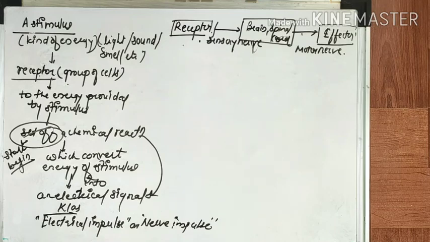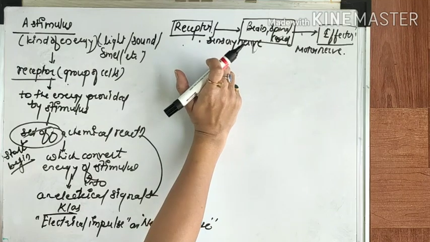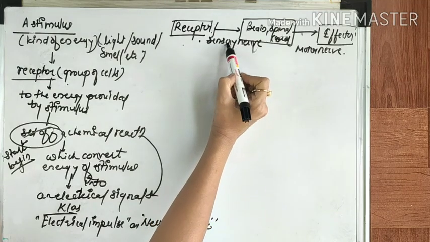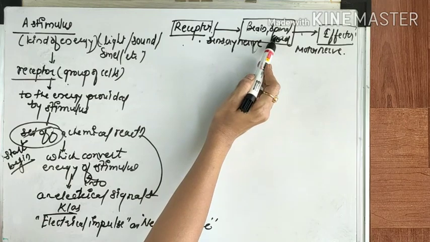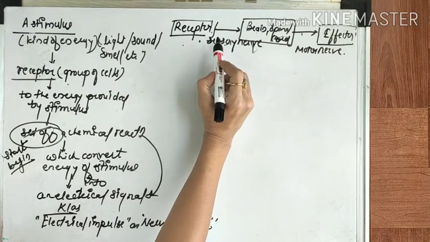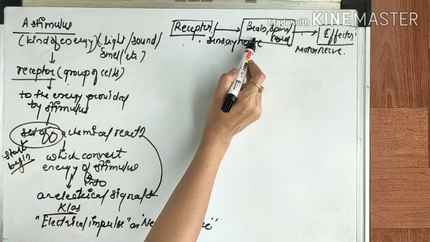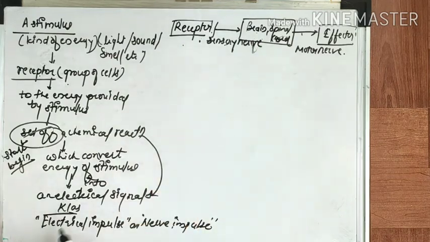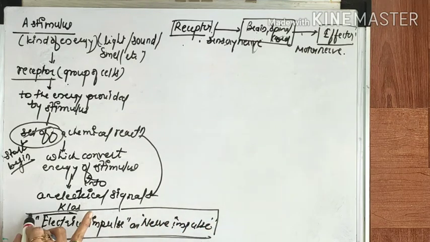So all the receptors in the sense organs receive the stimulus from the surroundings and send the message through the sensory nerves to the brain and spinal cord in the form of electrical impulse. So whatever message is sent from receptor to brain and from brain to the effector is in the form of electrical impulse. That's why, before explaining that, I explained what we mean by electrical impulse.